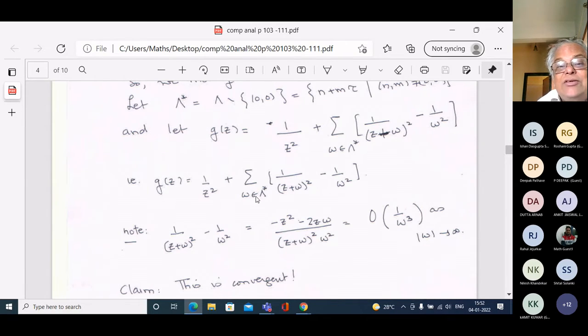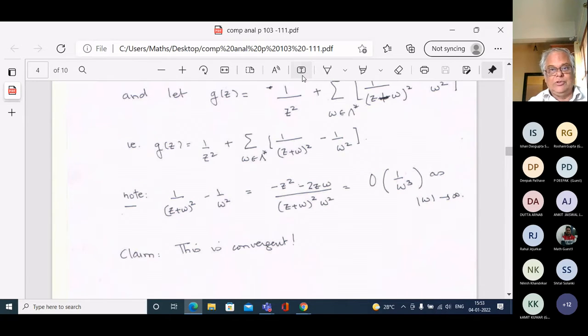Note that as a function of w, a point in the lattice, with z fixed, in the numerator you have a w, and in the denominator you have a w to the power 4. Therefore, it looks like 1 over w to the power 3. And then the claim is that this particular series is convergent.